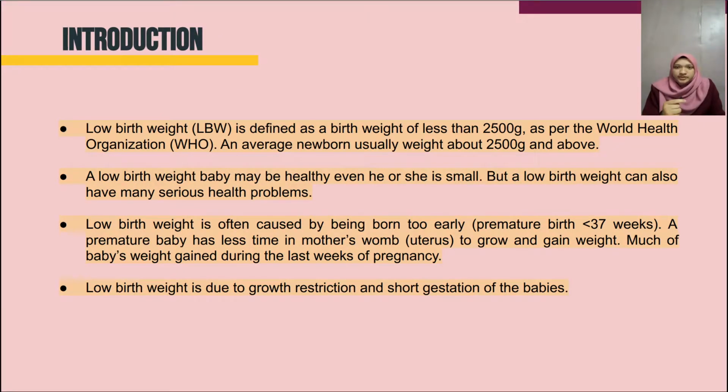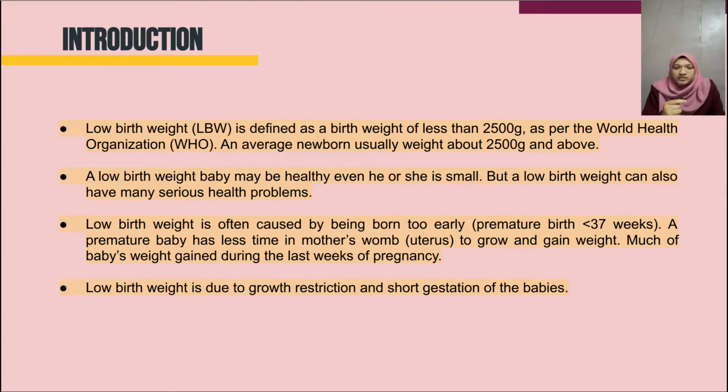Okay, first of all, we will move to the definition of low birth weight. Low birth weight is defined by WHO as babies that weigh 2,500 grams or 5.5 pounds or less.